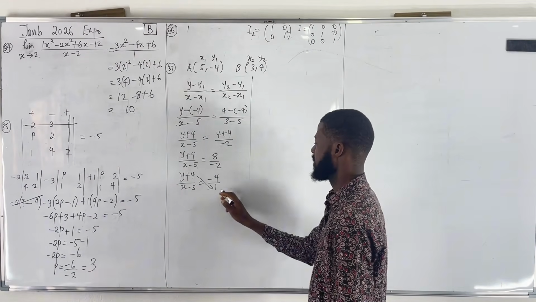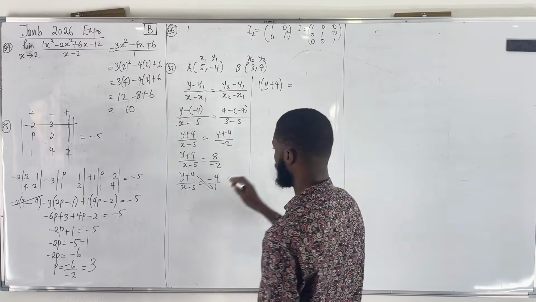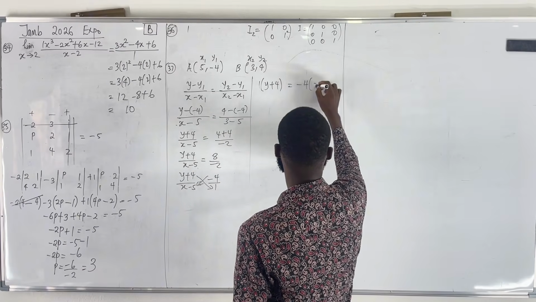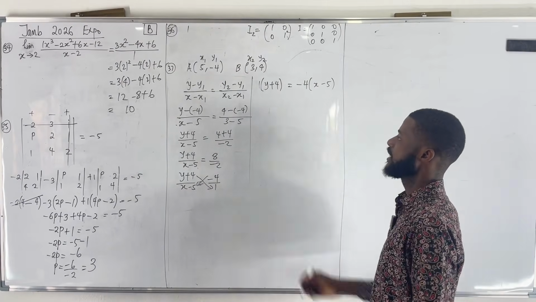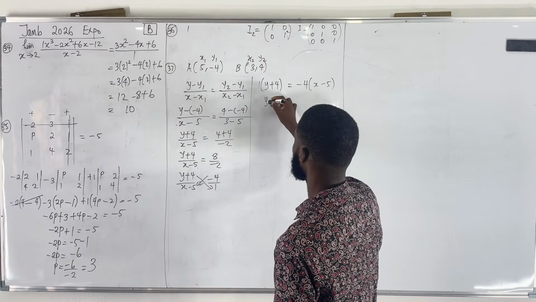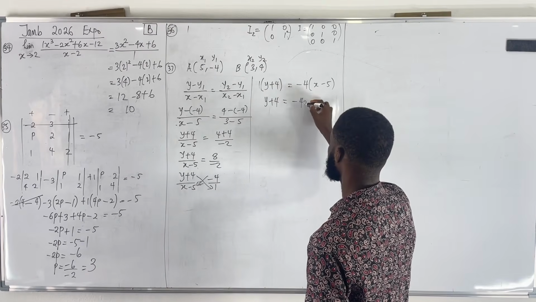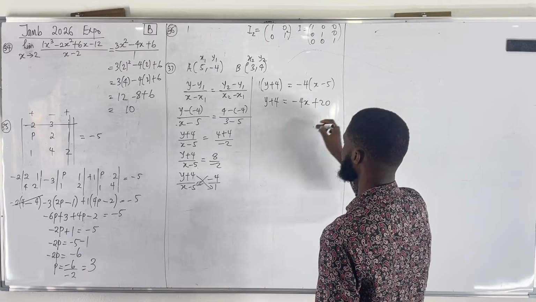So this is 1 bracket y plus 4 equal minus 4 bracket x minus 5. 1 times anything is that same thing. So this will remain y plus 4 equal minus 4 times x is minus 4x. Minus 4 times minus 5 is plus 20.